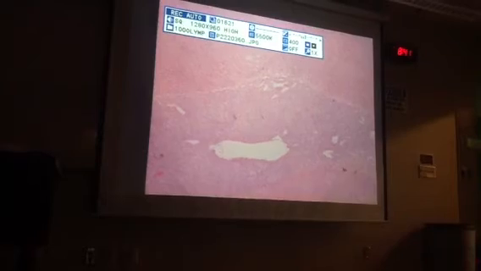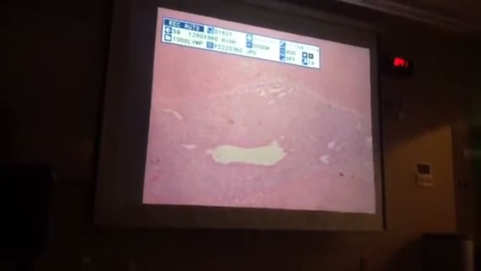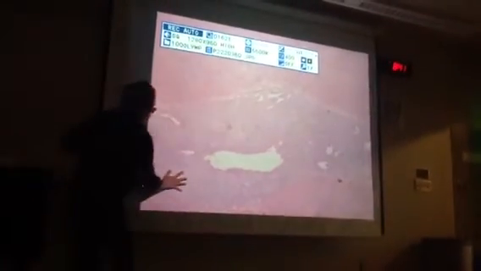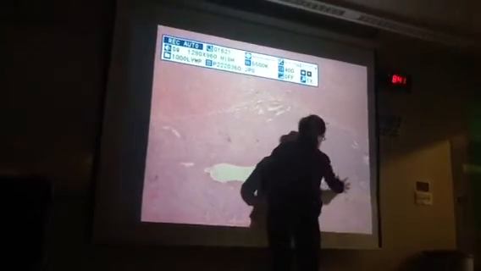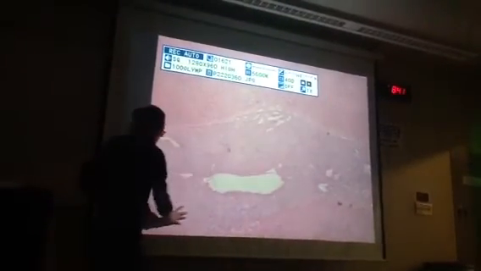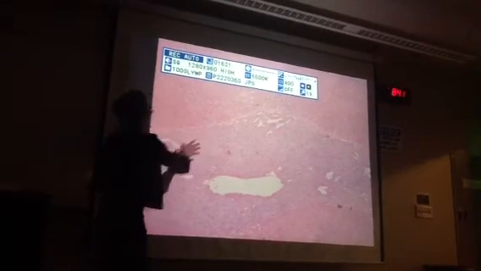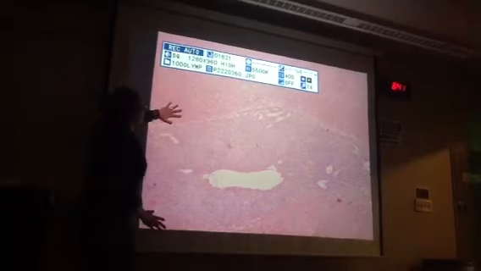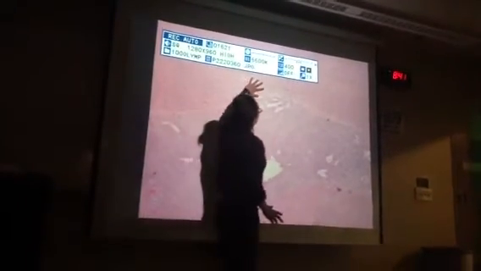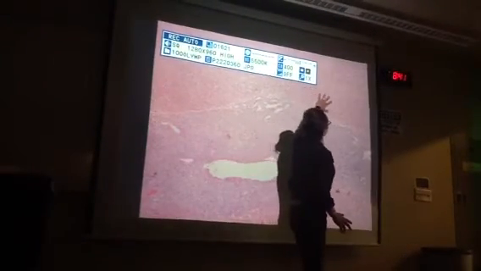And here you can see the medulla. This area that looks more purple, this is all the medulla right here. And again, the layer of cells on either side of the medulla, these cells right here, this is reticularis.